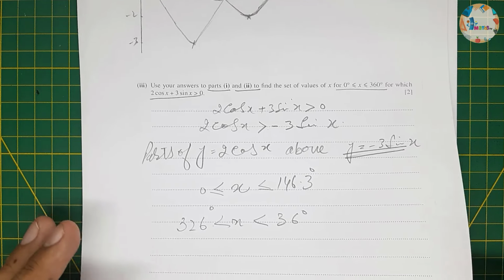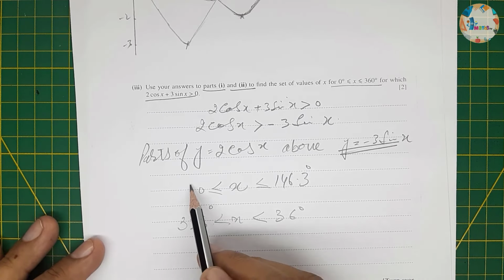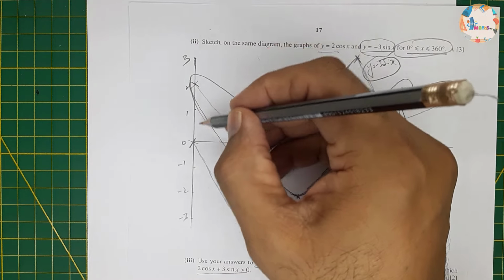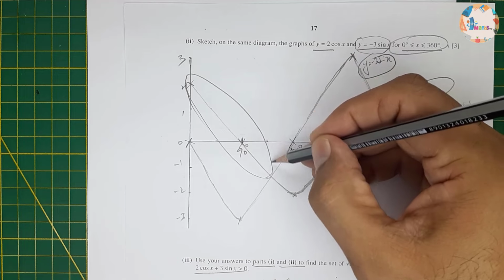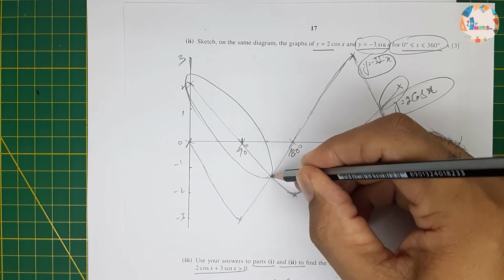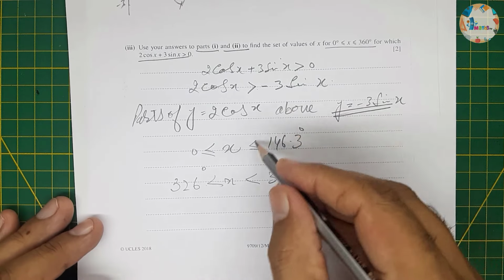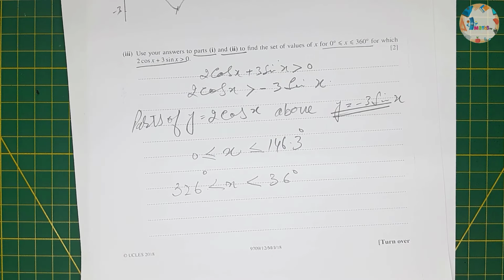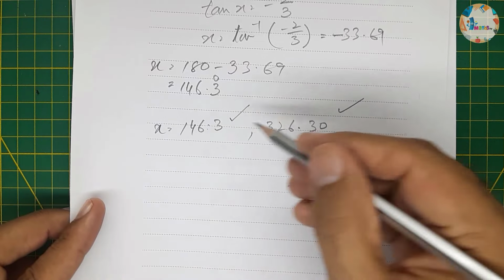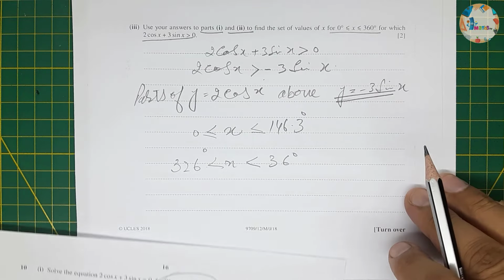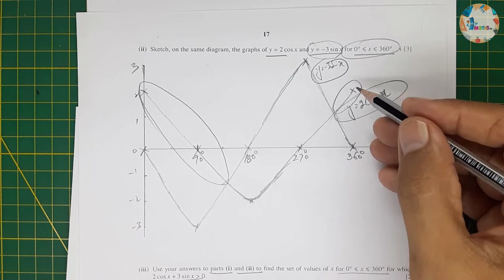Basically what we have done, if you want more explanation, we are finding the x value from 0 to this point, which is 146.3, and from where we got these values, from part 1. These two values we are using and writing the range for these two portions.